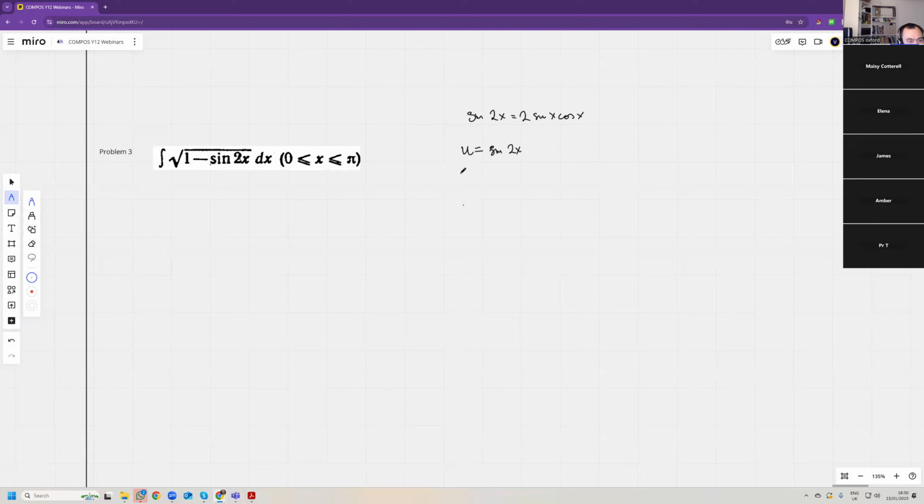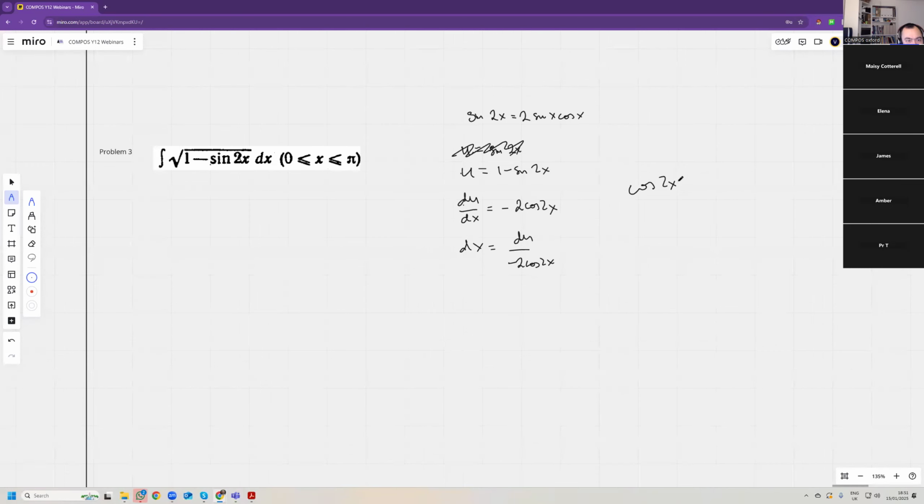What if I use u equal to 1 minus sine 2x? Then du/dx is going to be minus 2 cos 2x, and dx is du over minus 2 cos 2x. And that doesn't really help me, does it?